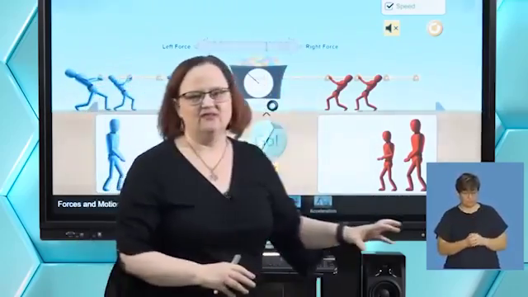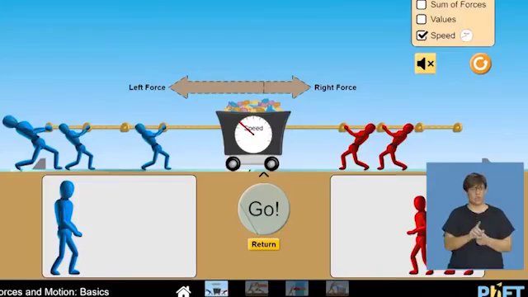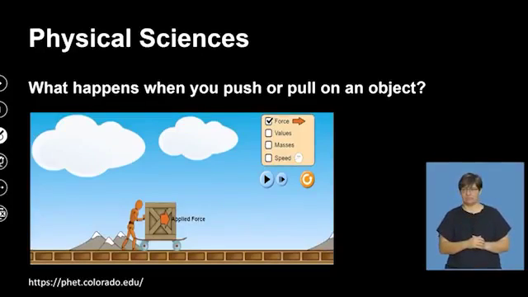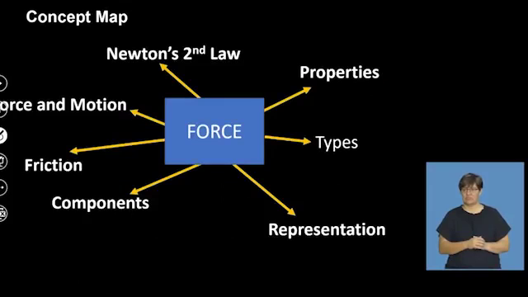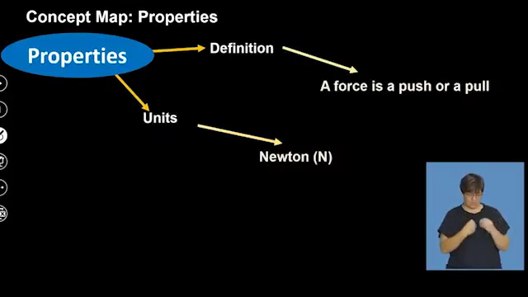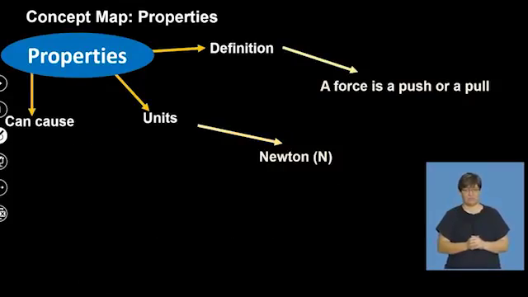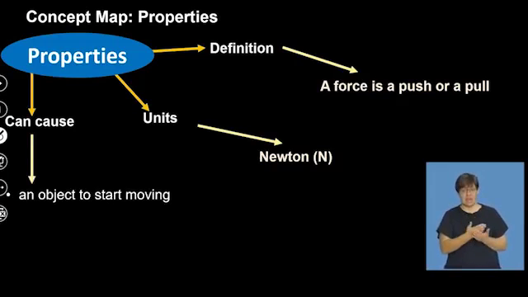This animation unfortunately doesn't show me the other things, so let's go there. Okay, so we're still on properties. We've done this, we did that earlier. So over here, what can a force do? A force can cause an object to start moving. We showed that.